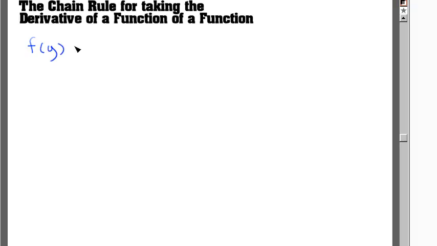And I want to do it by example. Let's say f of y is equal to the sine of y, where y itself is a function of another variable, x. I'll call y equal to x squared.